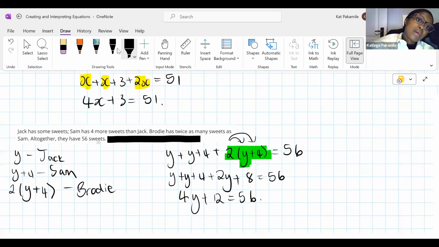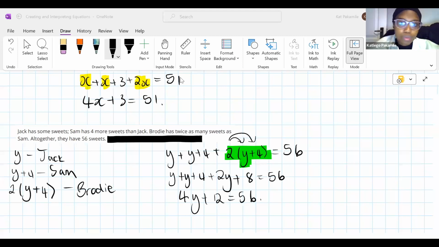Remember, we can use any variable. So if you used X, that's fine. You could have used A for age, that's fine. You could have used M or Y or B, that's fine. Is that what lost you? Yes. So besides that, do you understand what's going on? Hello? No? Okay.